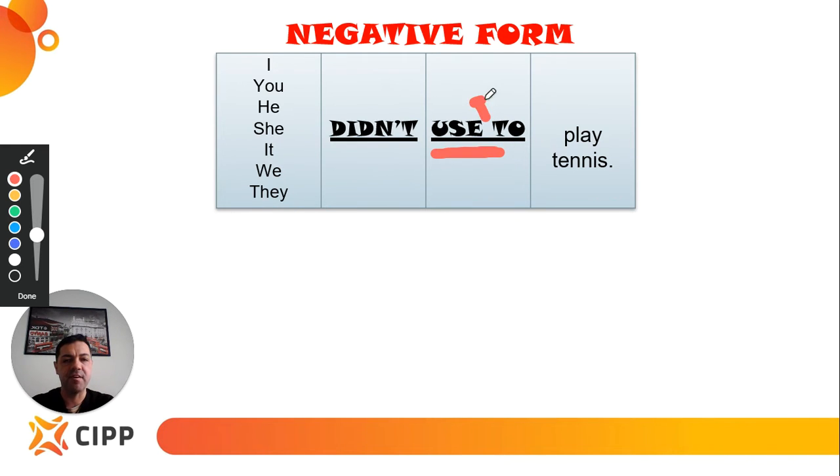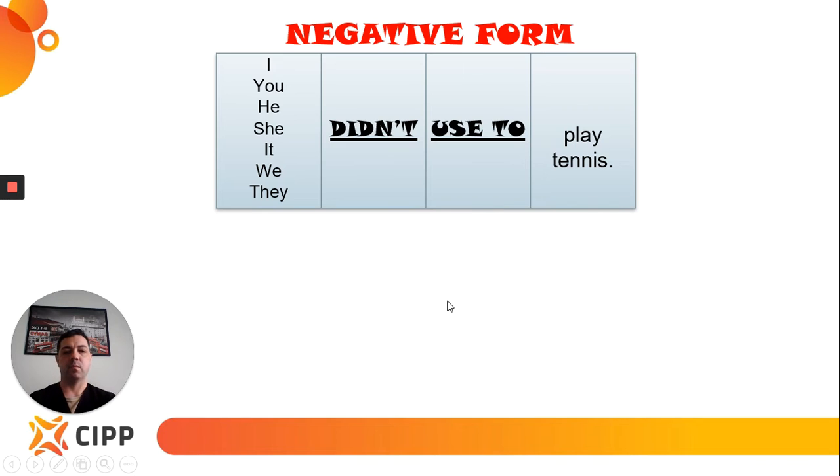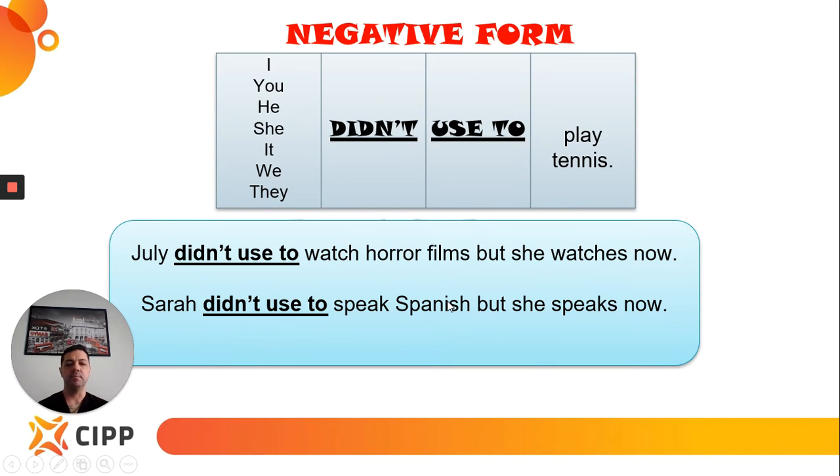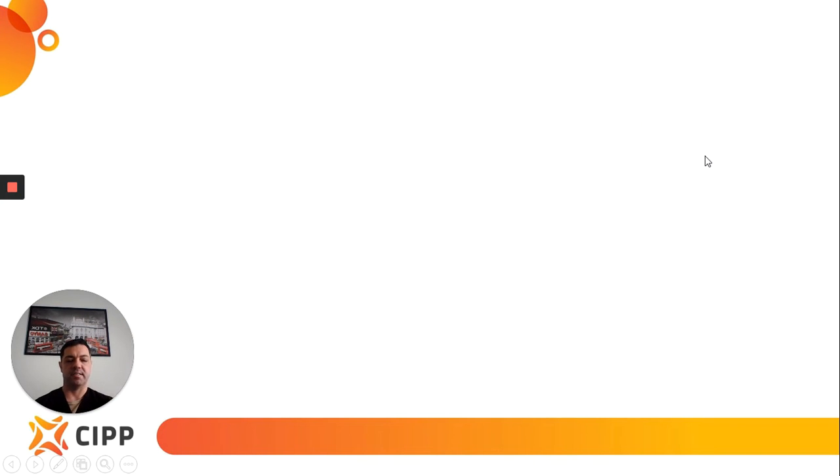Remember that in the affirmative you had "used," but now you don't have the D. It's just "use." I didn't use to play tennis. Two examples for you. Julie didn't used to watch horror films, but she watches them now. Sarah didn't used to speak Spanish, but she speaks it now.